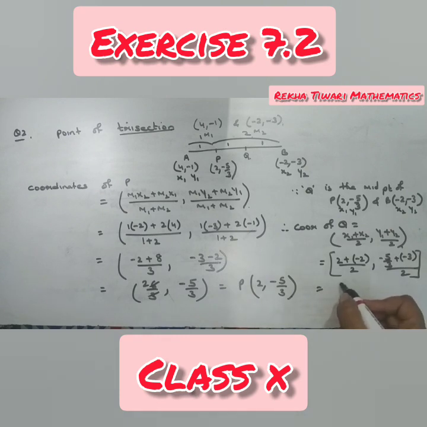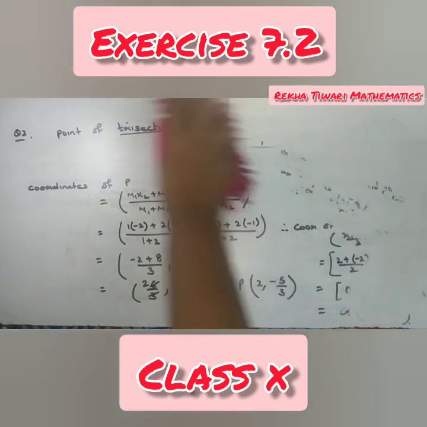This becomes 0, and if you take the LCM here, it becomes (-5 minus 9), that is -14 by 6. Cancel this. So coordinates of Q is (0, -7/3). In this way you can find the coordinates of P and Q. Remember the word trisection: it is the term which divides the line into 3 equal parts.